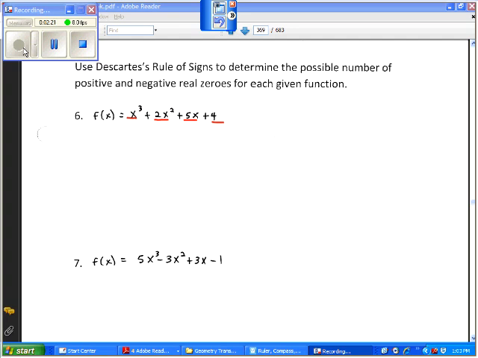The first term is positive, the second term is positive, the third term is positive, and the fourth term is positive. It went from positive to positive, positive to positive, and positive to positive. How many sign changes were there? There were 0 sign changes.